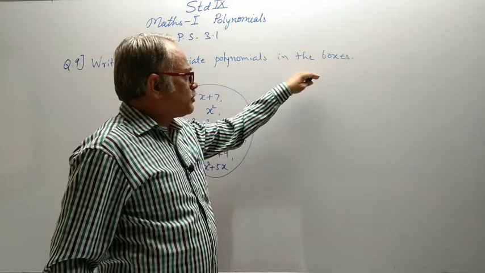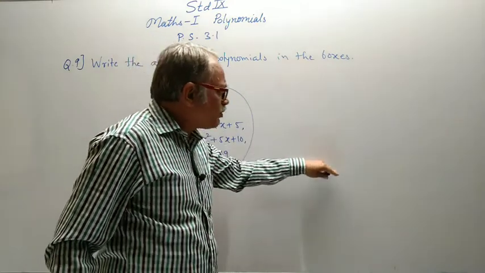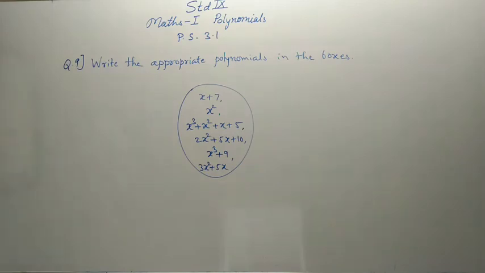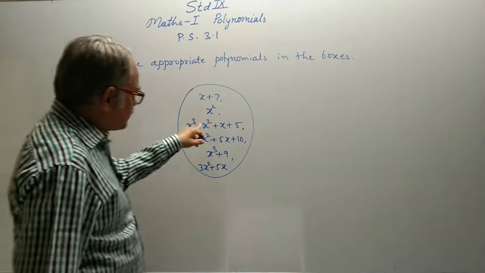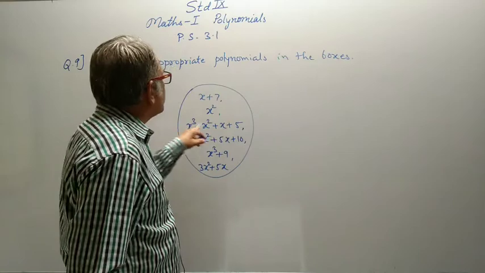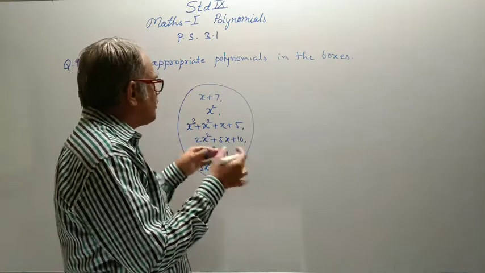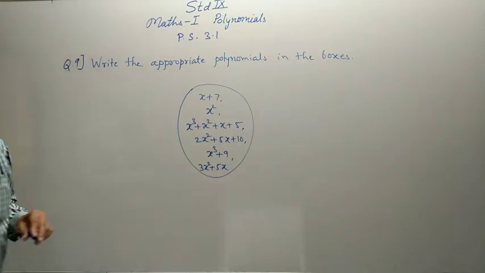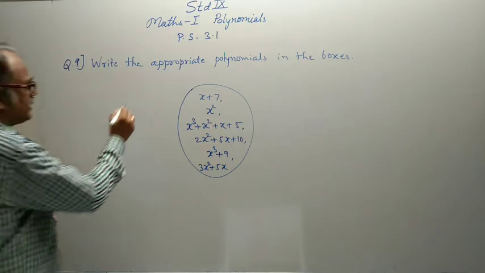Binomial has 2 terms, trinomial 3 terms, monomial 1 term. Here one polynomial has 4 terms, which is not monomial, binomial or trinomial. It will not fit anywhere. Whatever is possible, we have to write. One by one I will explain and write. Pay attention.